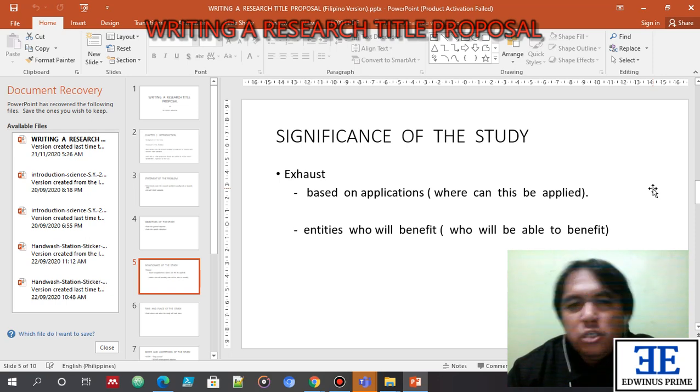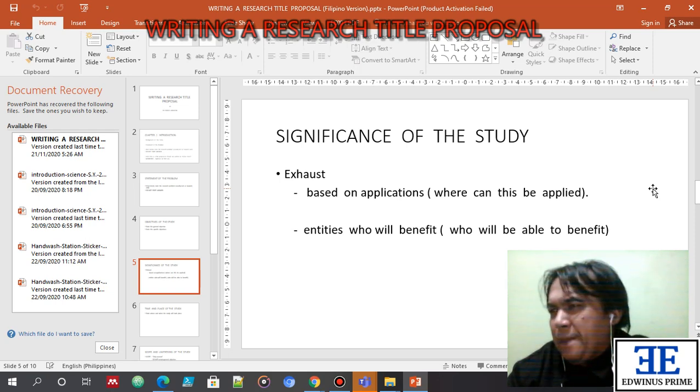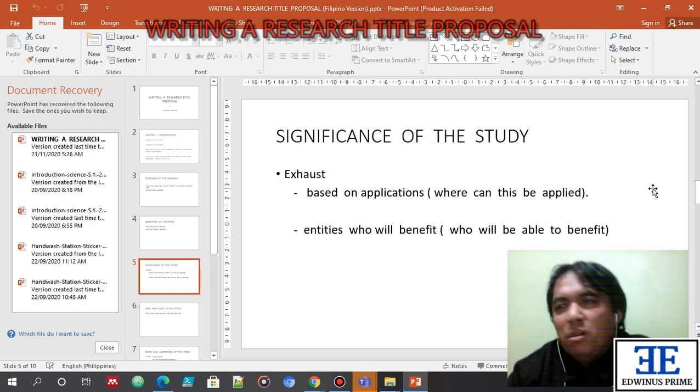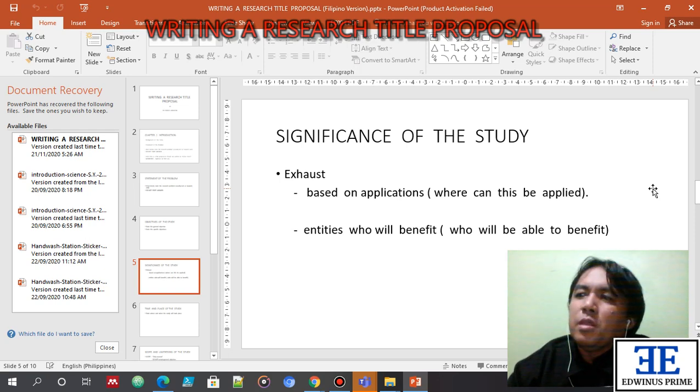Based on application, exhaust. Exhaust means state all the possible significance, all the possible benefits that can be derived when you do your research.